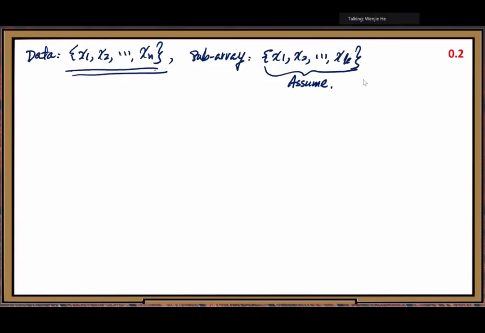So we have many different ways, but for convenience, let us assume the first k elements are ordered. Not just for convenience, but without loss of generality. So we do not change the difficulty of the problem. Same problem.